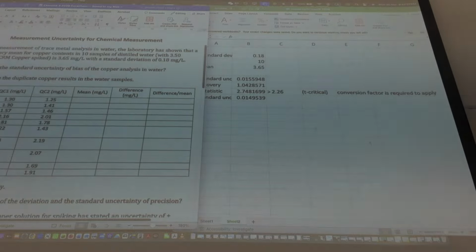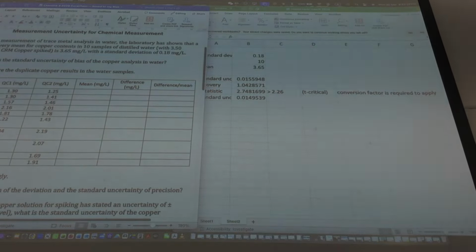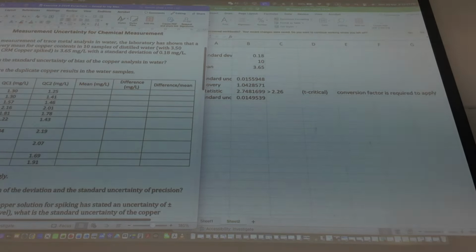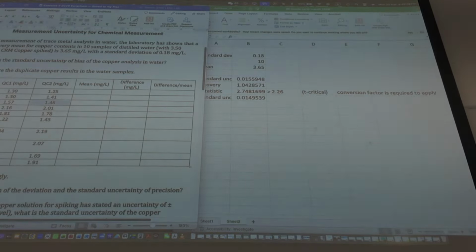And then below you have two sets of data, duplicate data, and so how do you compute that?